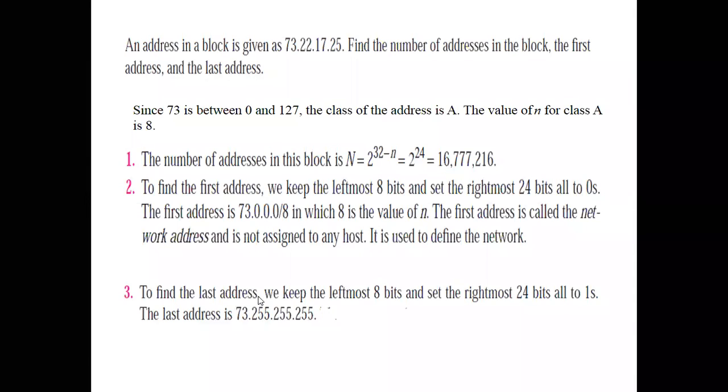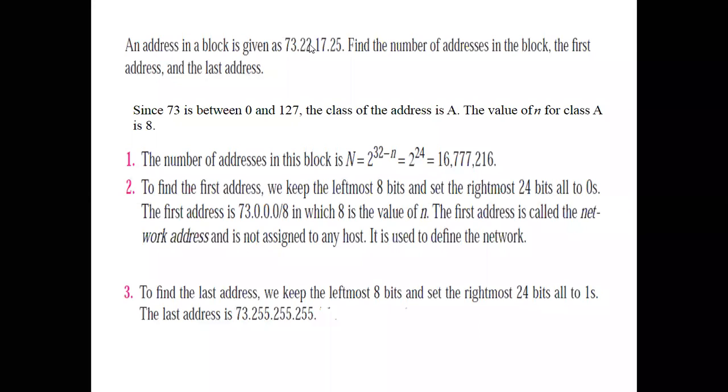To find the last address, the exact same steps. We keep the leftmost 8 bits, but instead of setting the remaining 24 bits to 0, you set them to 1. So come again to 73.22.17.25. In this IP address, take 73, the first byte, as it is, and convert the remaining 24 bits to 1.